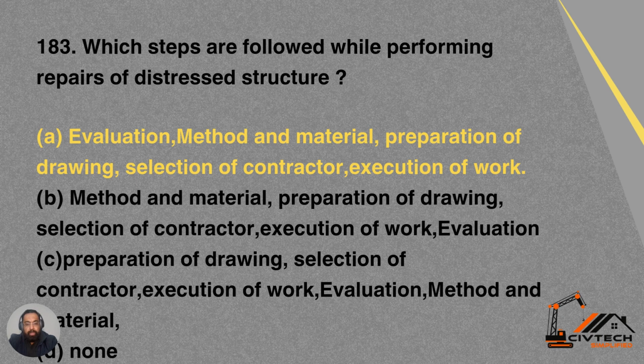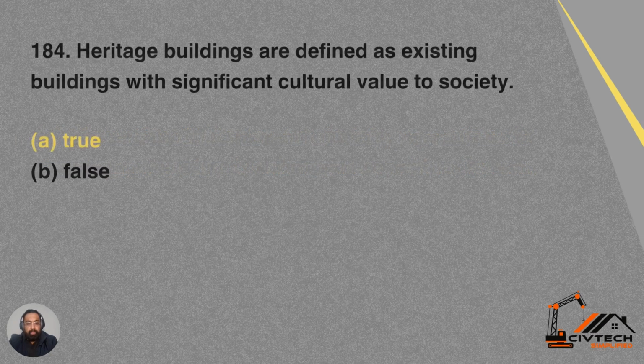Option B, method and material, preparation of drawing, selection of contractor, execution of work, and evaluation. Option C, preparation of drawing, selection of contractor, execution of work, evaluation, method and material. And option D, none of the above. So the sequence in A is correct. Evaluation, method and material, preparation of drawing, selection of contractor, and then execution of work. So these steps are followed while performing repair of distressed structures.